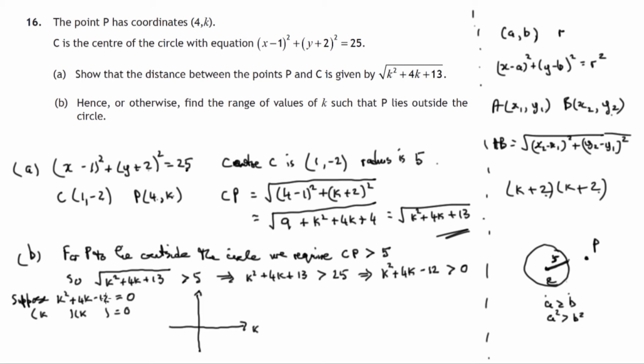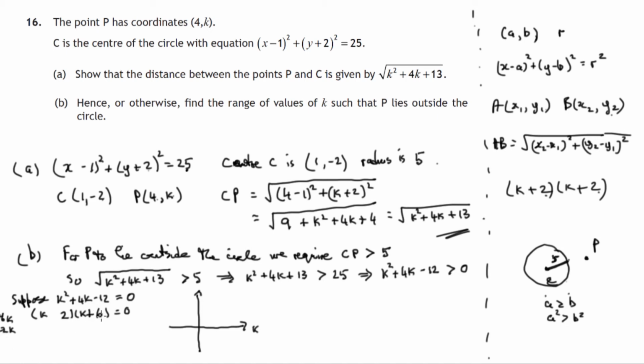12, 2 times 6. 2 plus 6 is 8, 6 minus 2 is 4. A 2 and a 6 looks a healthy choice. So the outside 2, 6k, the inside 2 is 2k, and how do we get a positive 4k from that? It would be plus the 6k minus the 2k.